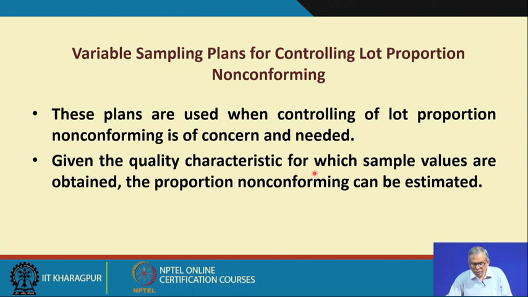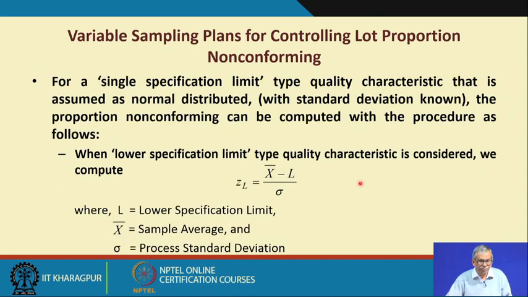Given the quality characteristic for which the sample values are obtained, the proportion non-conforming can be estimated. Is it okay? So you must not have any confusion on this.